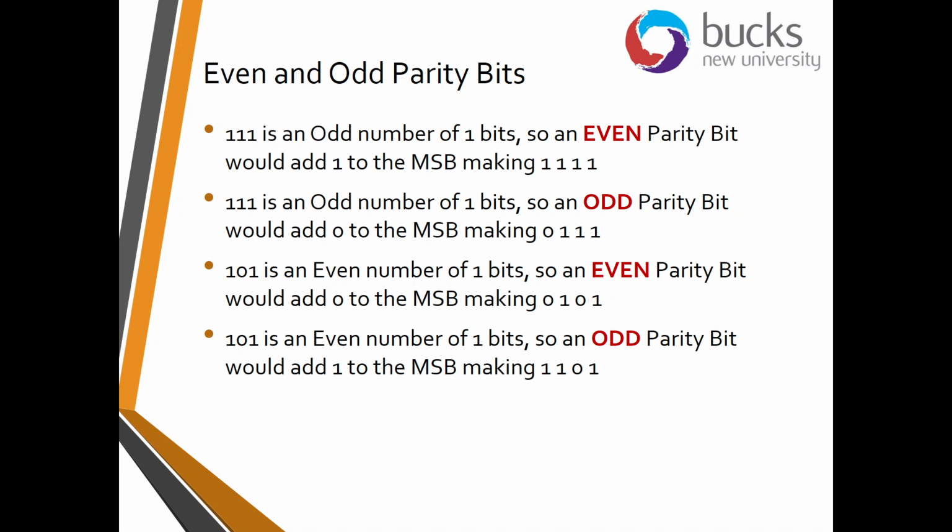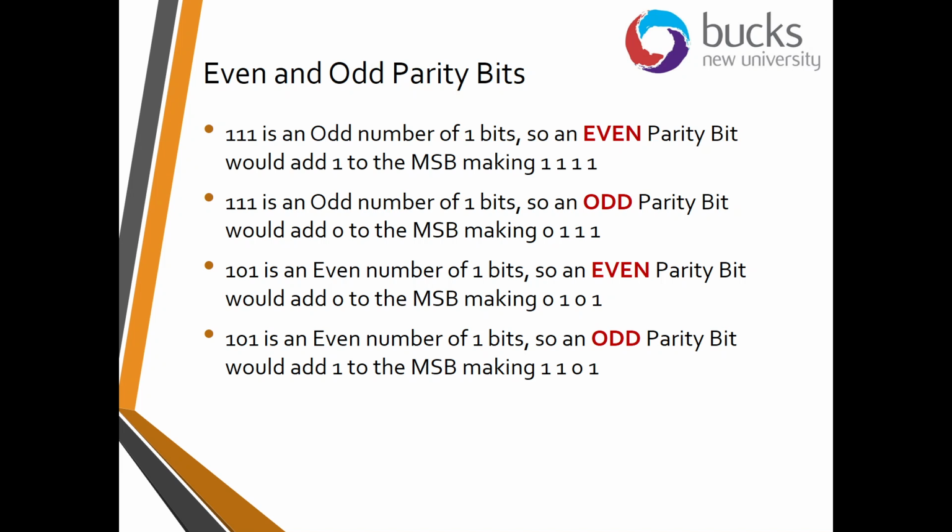So if we saw data being transmitted here as 3 ones, as we said, that's an odd number of 1 bits within that data, so an even parity check would add 1 to it. In an odd parity system, of course, we would be adding 0 to it because it's already an odd number of 1 bits, so it would be adding 0.